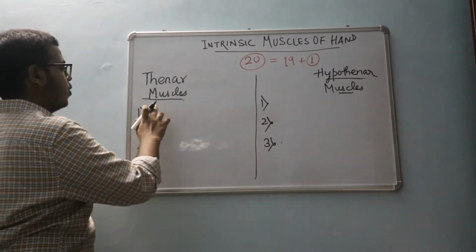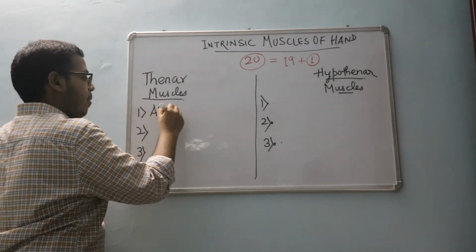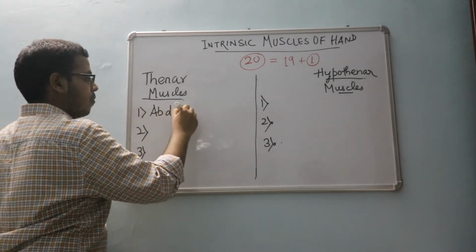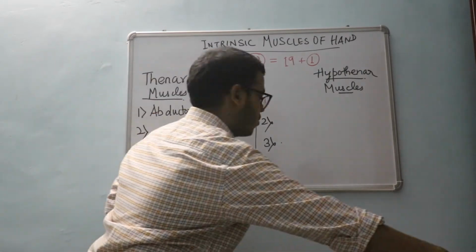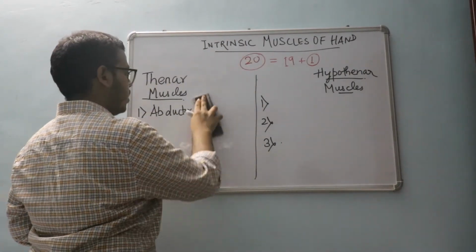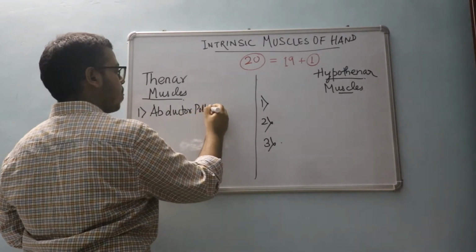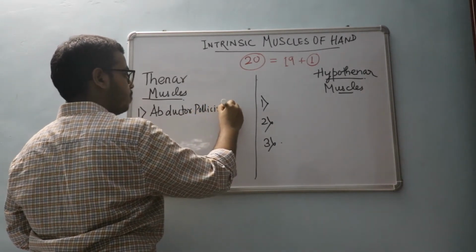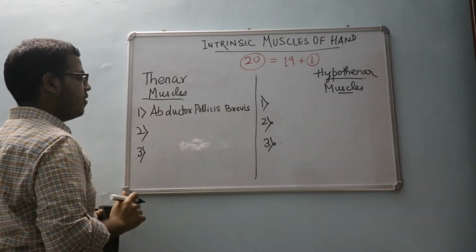So thenar muscles, what are the muscles? First one is the abductor pollicis brevis. Okay, abductor pollicis brevis.